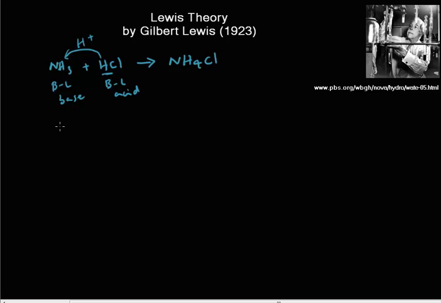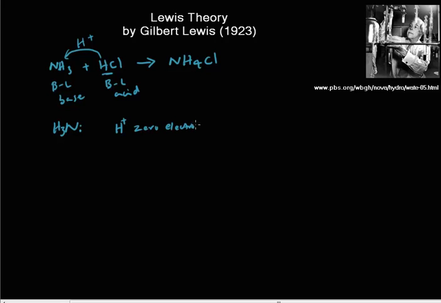So let's try to understand this. So I have ammonia, NH3, and there is a lone pair of electrons on the nitrogen atom in ammonia, and here we have H plus from HCl, which is coming from here. So this has no electrons, so this is 0 electrons.